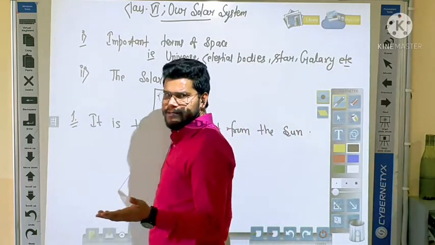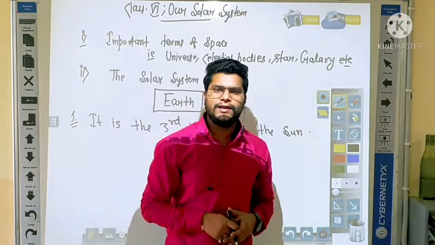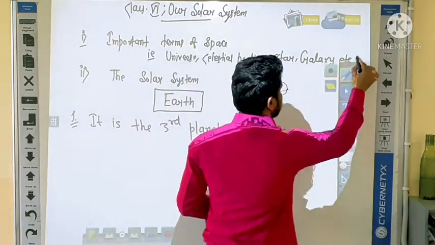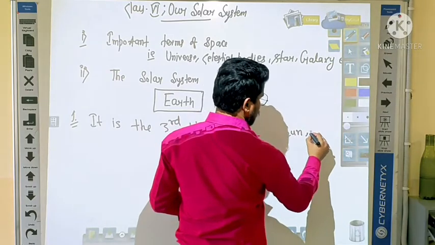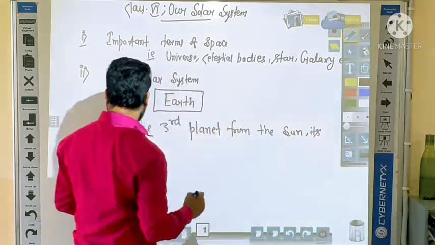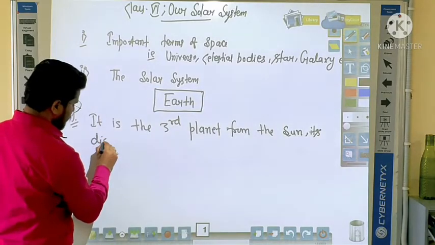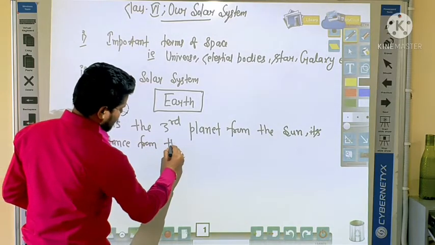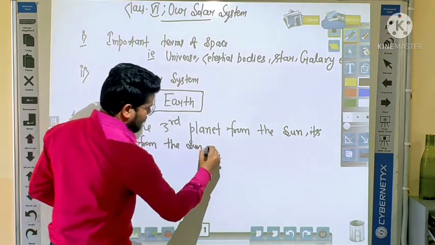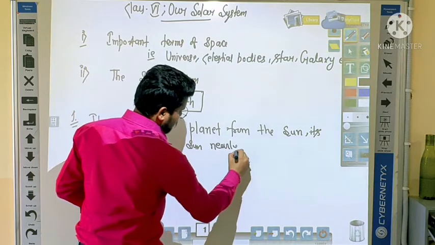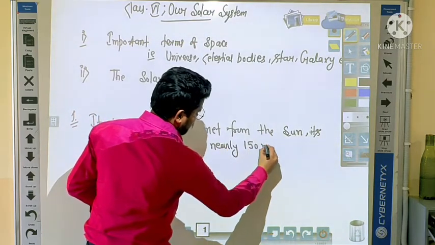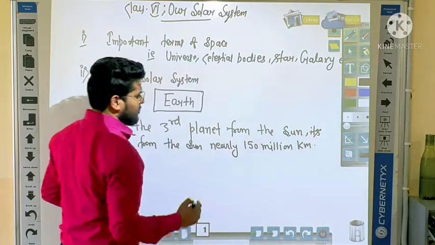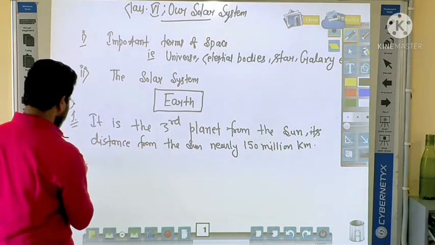And its distance from the Sun is nearly $150 million kilometer. This is the first point about the Earth.